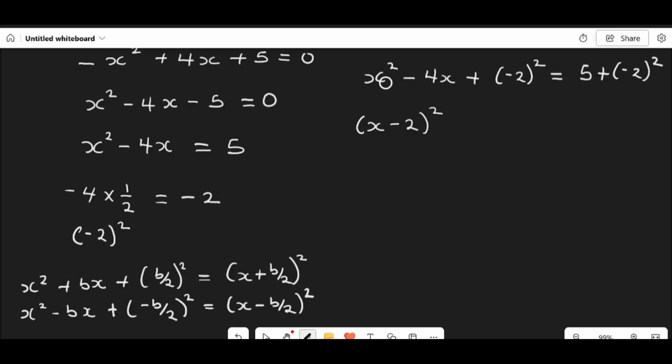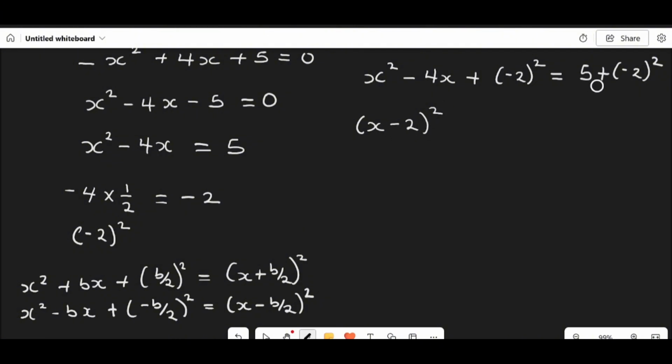You will see that this is the same thing as this, and our minus b over 2 is minus 2. So our output will be x minus b over 2, which is going to be x minus 2 everything square.